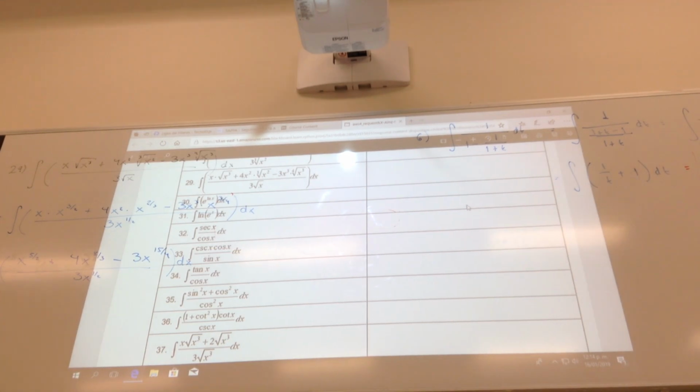And then a little more. You can separate this divided by this, this divided by this, this divided by this. x to the 5 halves divided by 3x to the 1 half gives x squared over 3, or one third x squared. Same thing. Plus 4 thirds x to the 13 sixths.